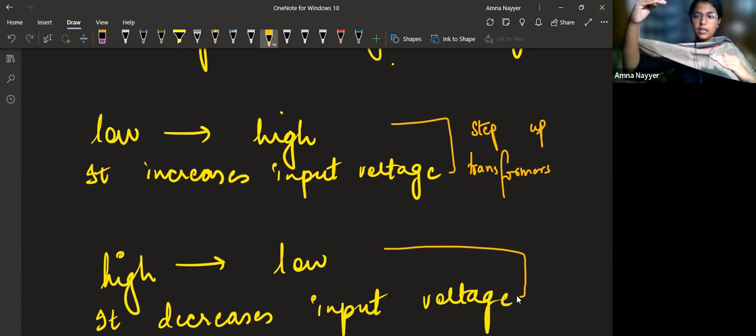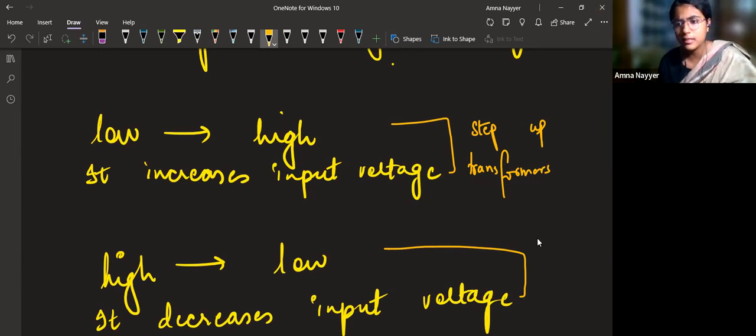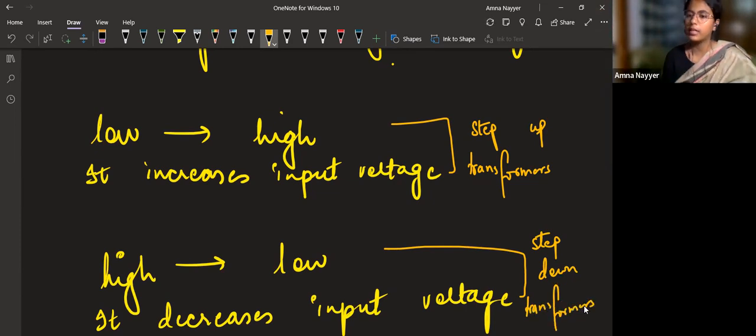Higher voltage is there, they are decreasing the higher voltage. So these types of transformers are known as step down transformers. Very easy to remember, nothing is difficult here. Fine, step up transformers, step down transformers.